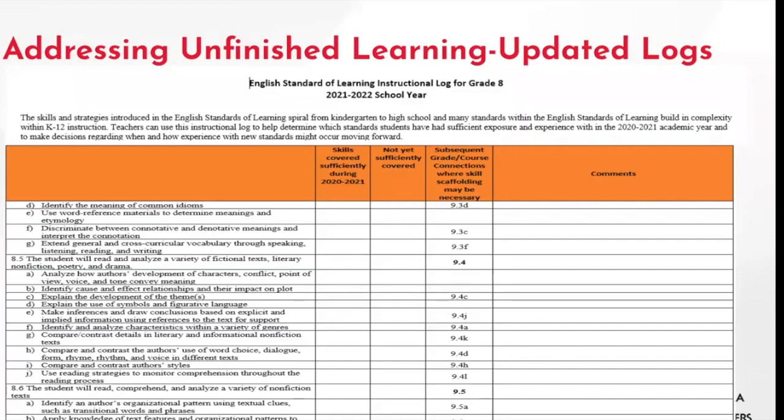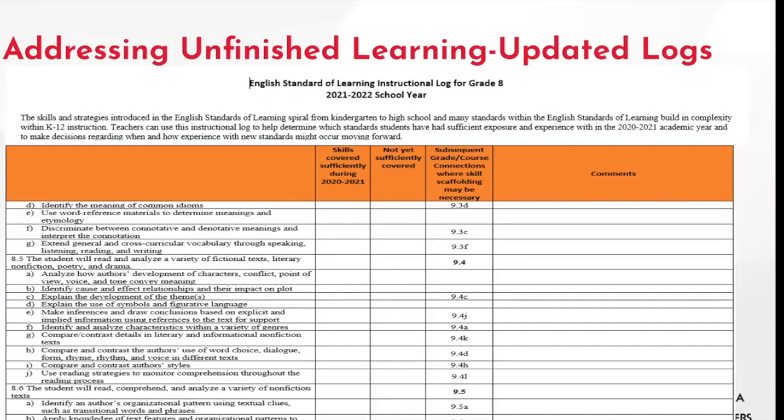So if you're teaching 9th grade and you know that you're working on 9.4K, which is about comparing and contrasting, you can look over here to see that actually folds into 8.5G. And that is where that gets into comparing and contrasting details in literary and informational nonfiction texts. So you can talk to your teacher, your co-teacher, and this is also really helpful vertically. So you can say, okay, I've got these 9th graders.